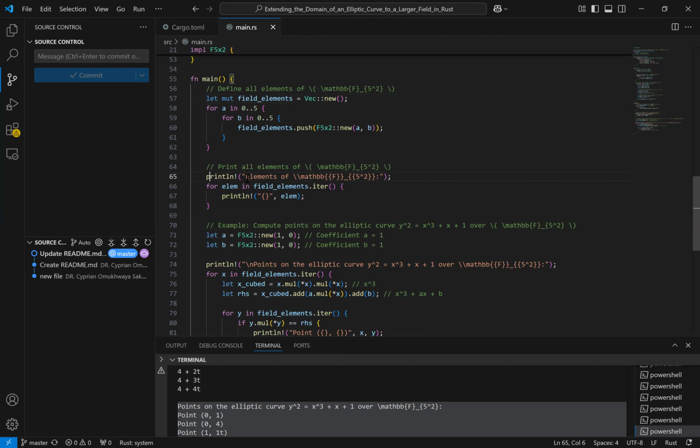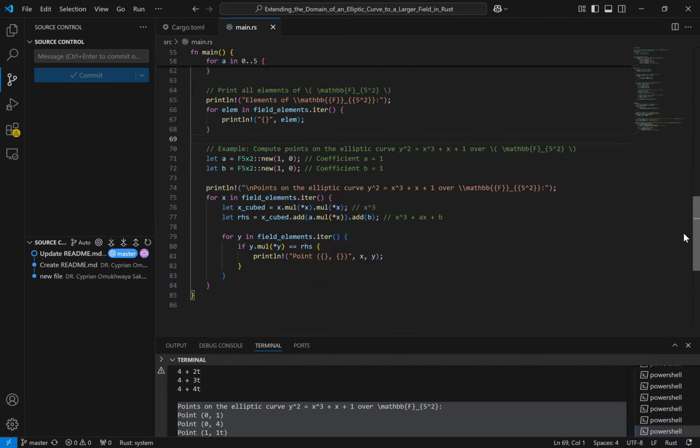Then print all the elements of this extended field. So this main function is just calling on other functions that assist it in performing these roles.